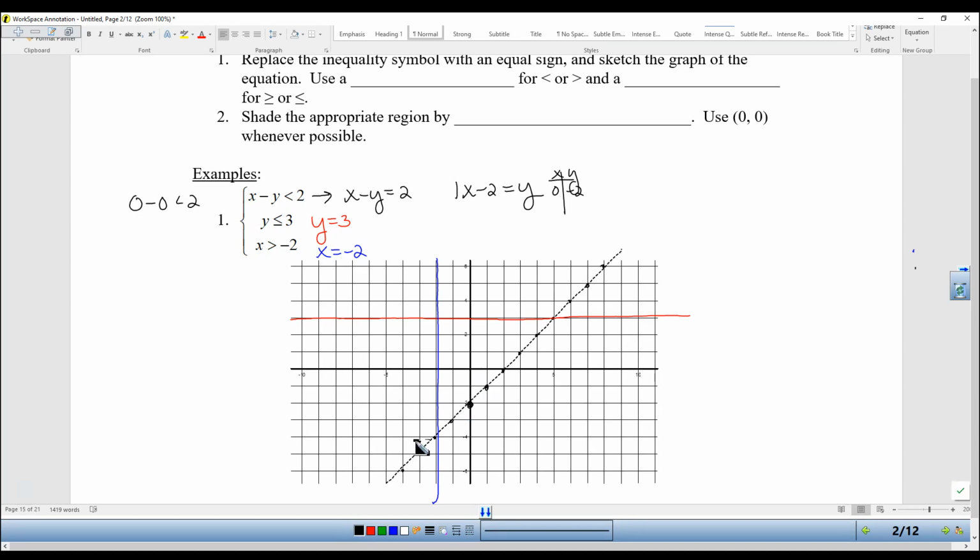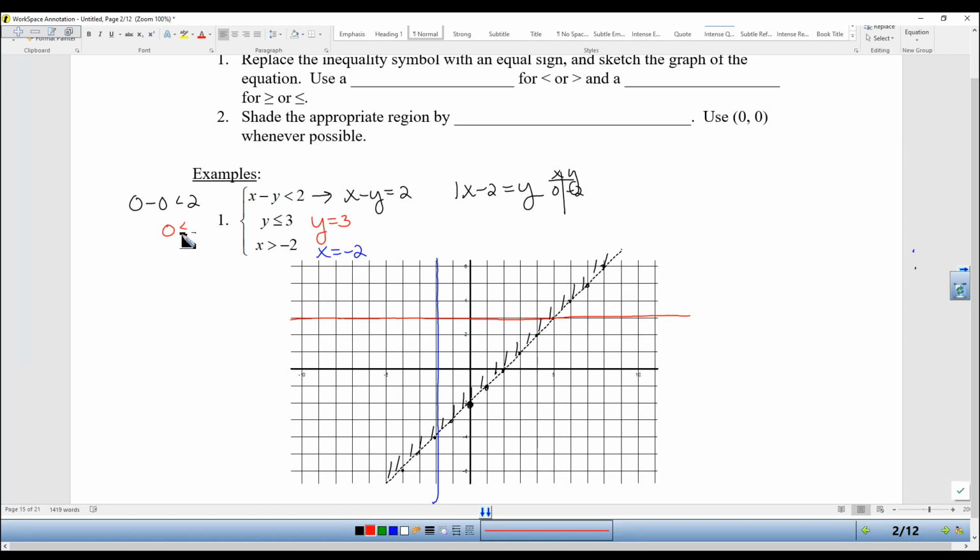Now, to keep my graph from getting cluttered, I'm just going to make a little note that I would have shaded on this side of the line. And if this was my only problem, I would actually shade that side. But since I just want to shade the area that all 3 have in common, I'm just going to do that.